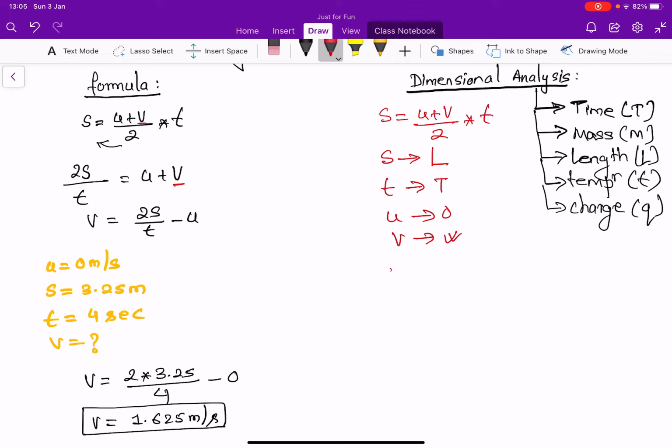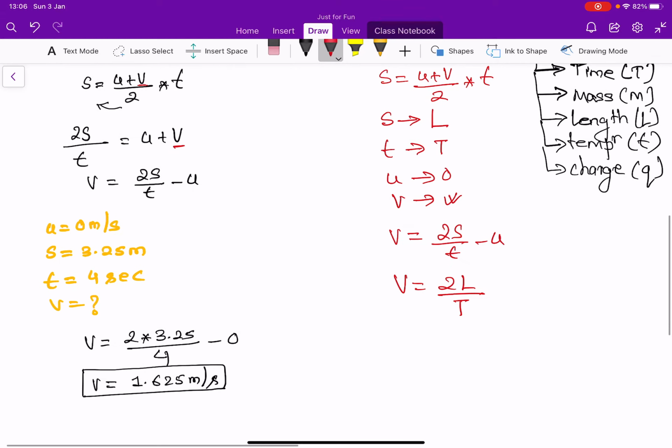Rearranging this, we get v equals 2s over t minus u, and we know that u is 0, so let's substitute that. So v equals 2L over T, and you can see that L over T is literally meter per second. So you can see the units are the same, because the unit of length is meter and the unit of time is second.